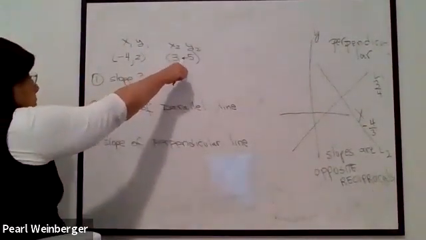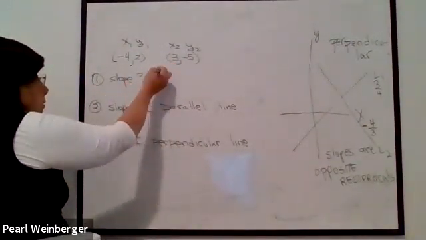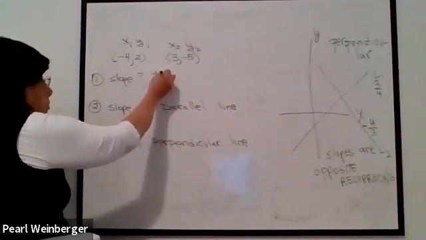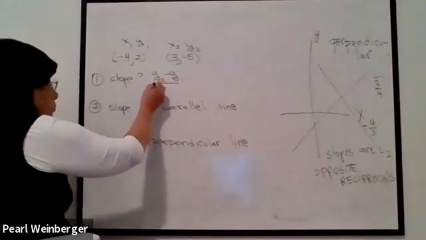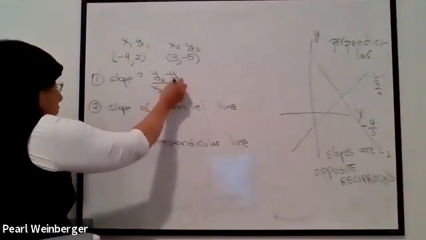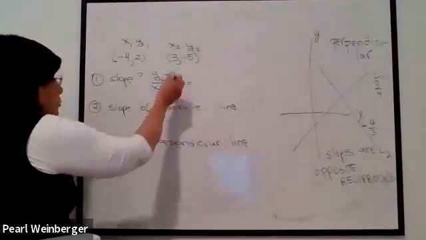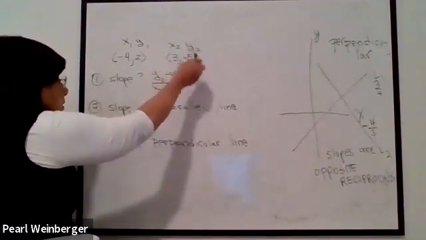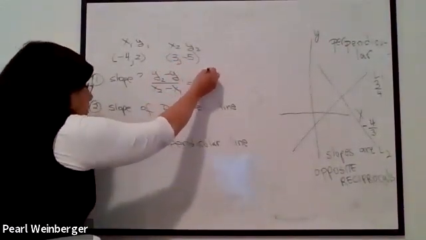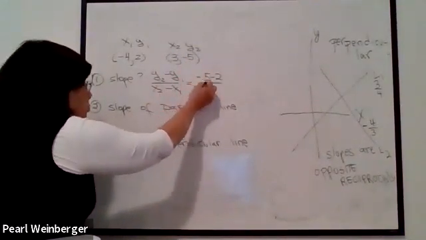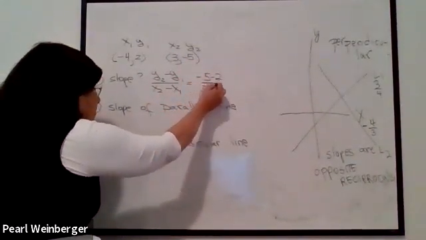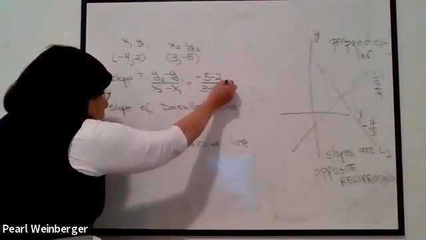So we're going to do our y2 minus y1 over x2 minus x1, which is going to be -5 minus 2 over 3 minus -4.